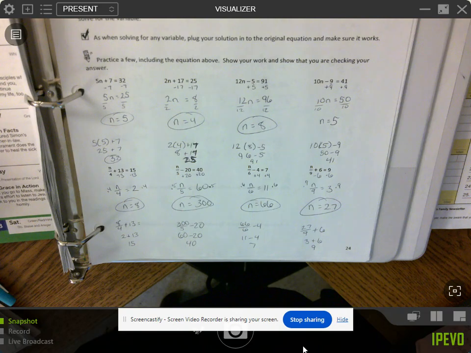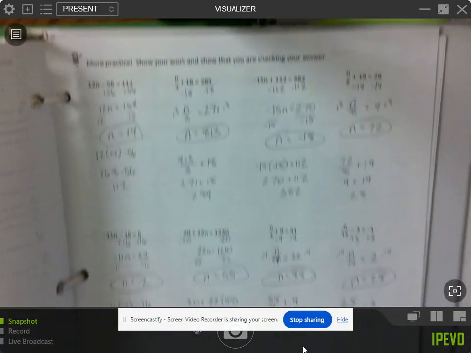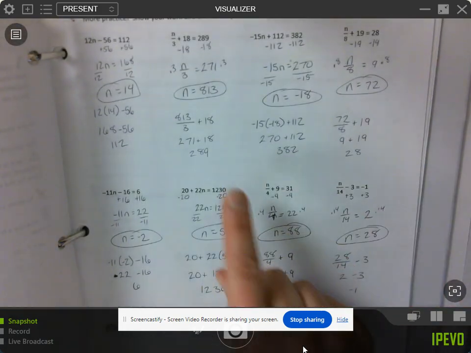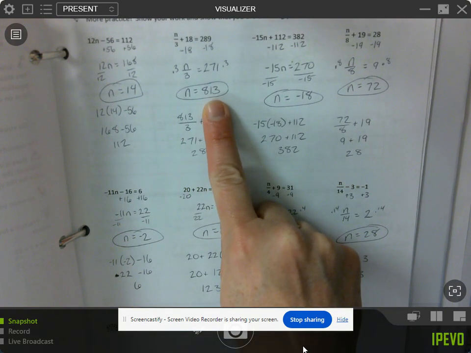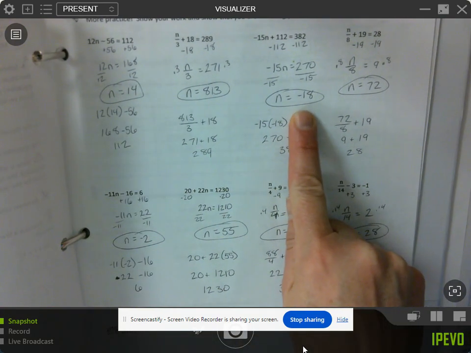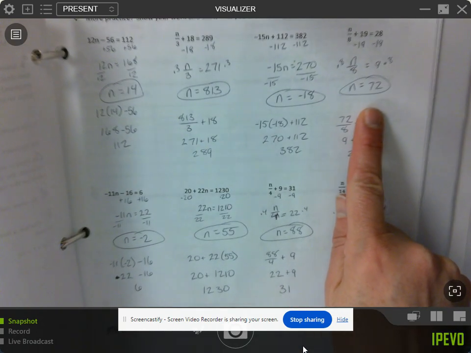All right, let's look at our second page. We have n equals 14, n equals 813, n equals negative 18, n equals 72.